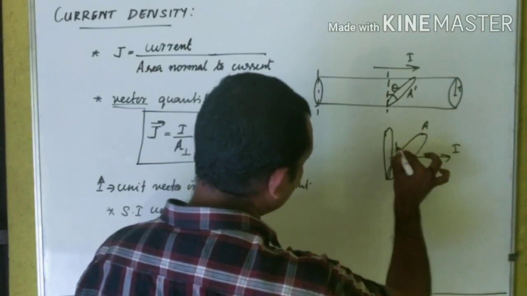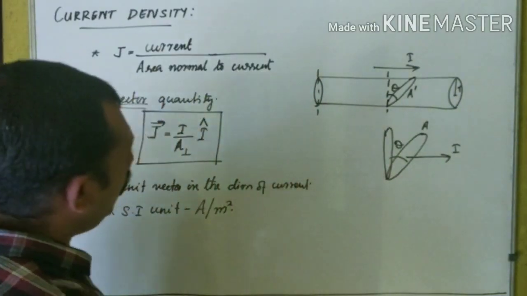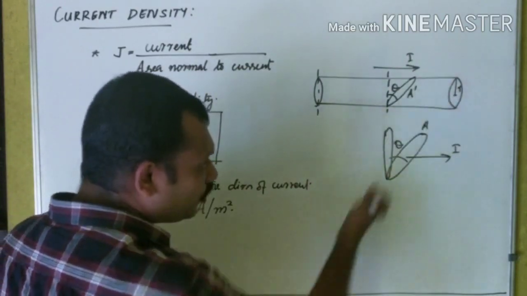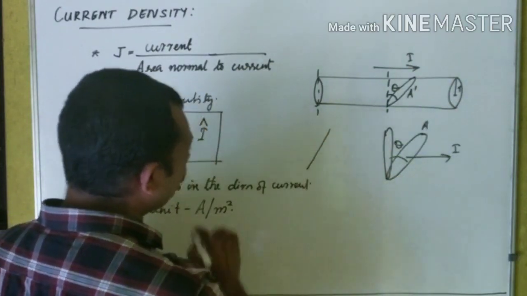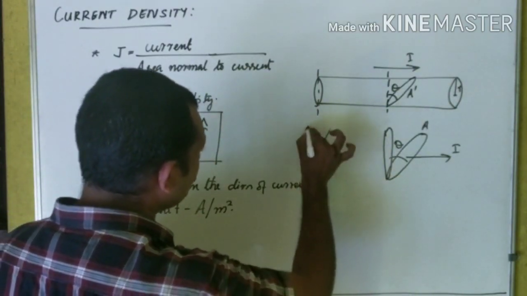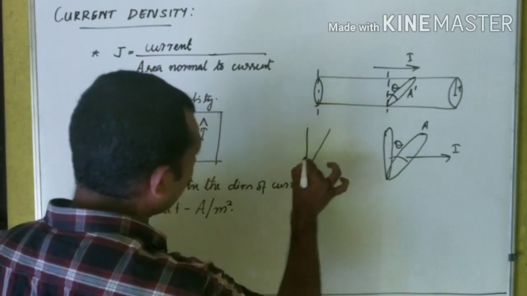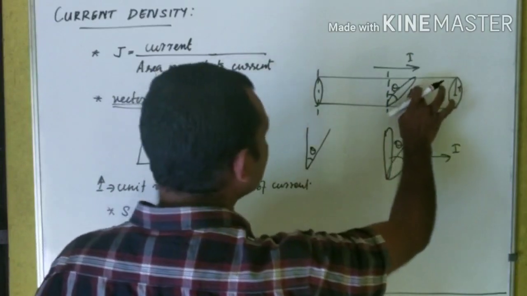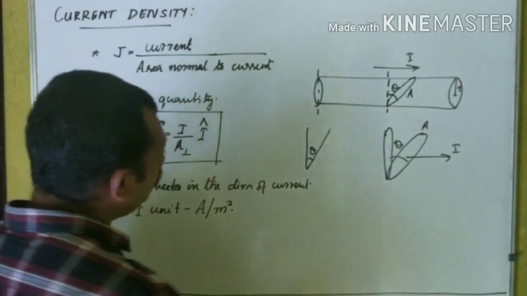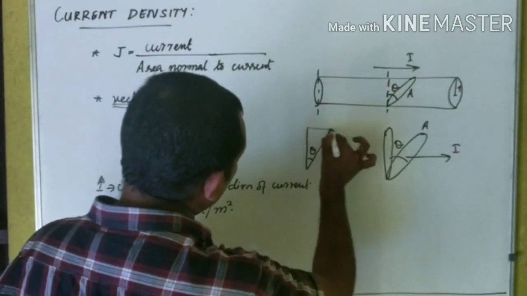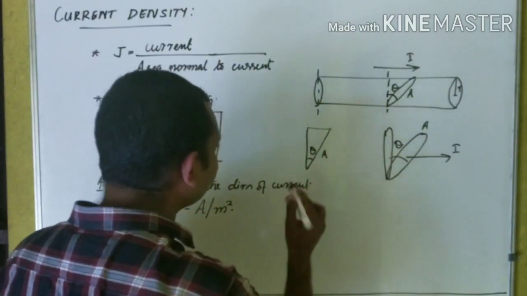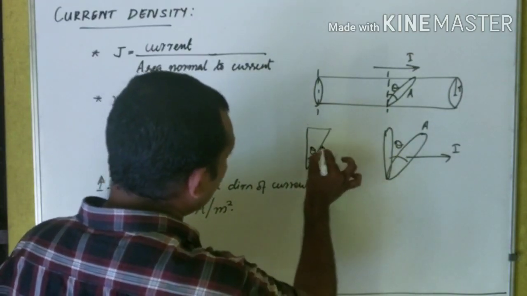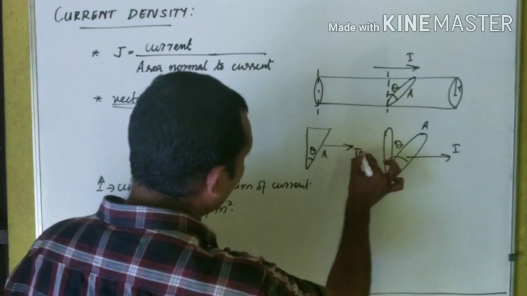This angle is theta. Let us denote these cross sections just by lines for our convenience. This is area A, this is radius R, this is theta, and this is the direction of electric current.